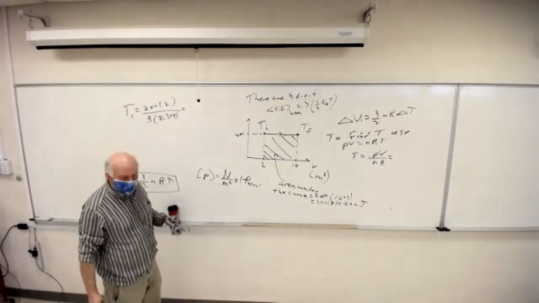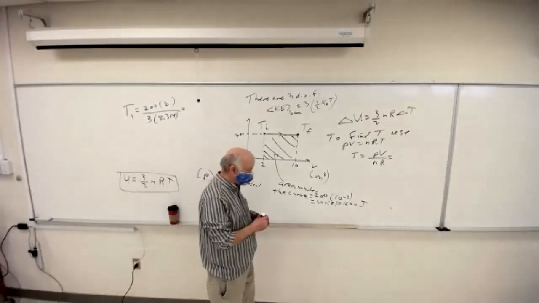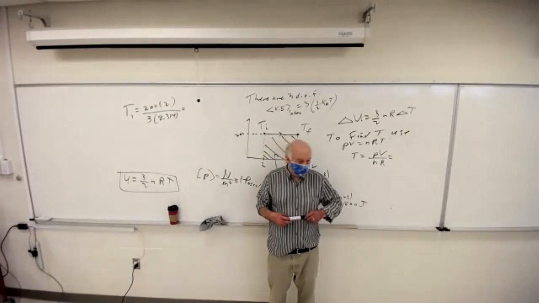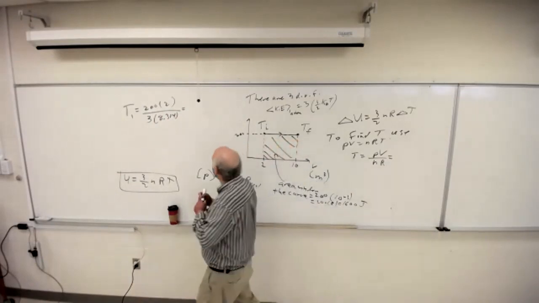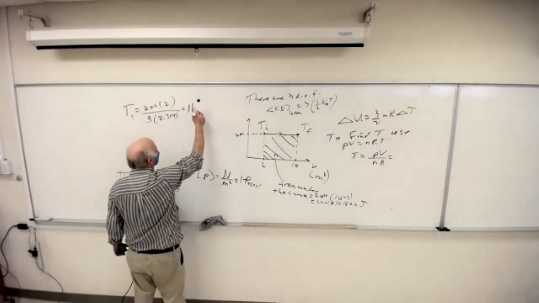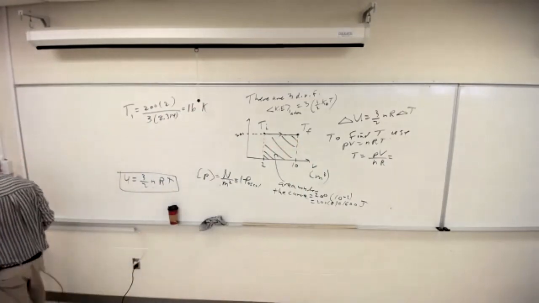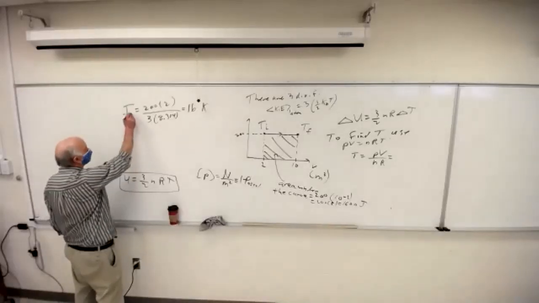Does somebody work that out for me? 16 point something. Where did that 200 come from? That was given. I told you that the initial pressure was 200. Okay, so this is our initial.